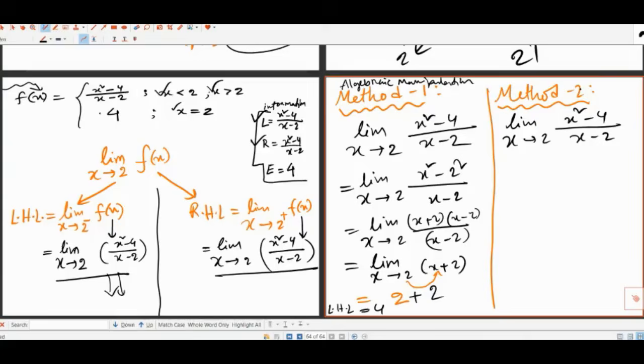But we have another method that is called L'Hopital's rule. L'Hopital was a mathematician. His full name was Guillaume François Antoine, Marquis de L'Hopital. In short, we say L'Hopital. L'Hopital's rule deals with differentiation.